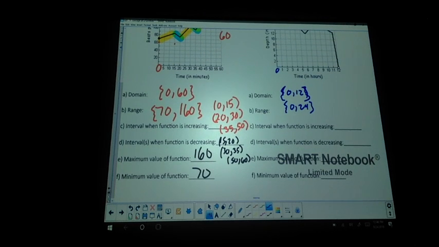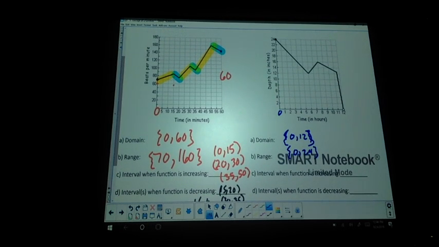When is it increasing? It's increasing right there. That's the only place it's increasing. So from 6 to 8, it's increasing. When is it decreasing? A lot. From here to here, here to here, and here to here.